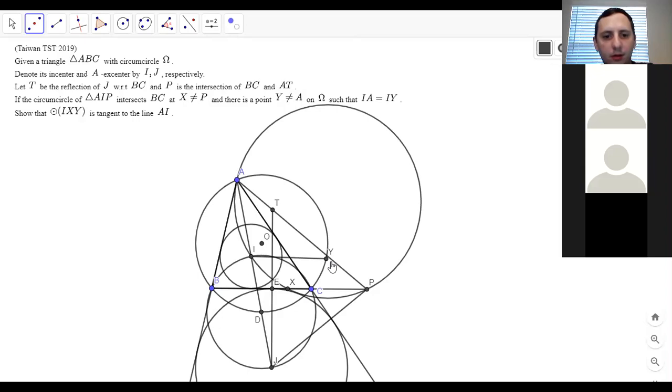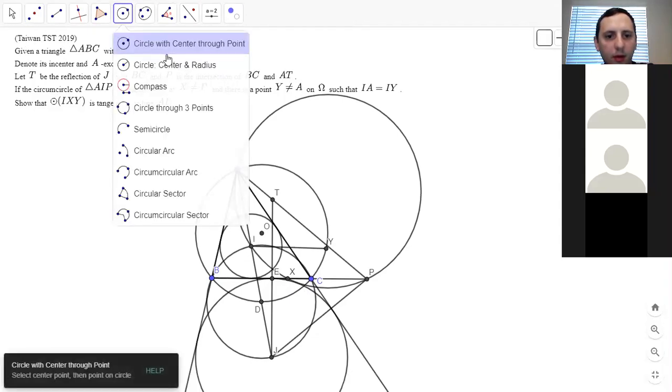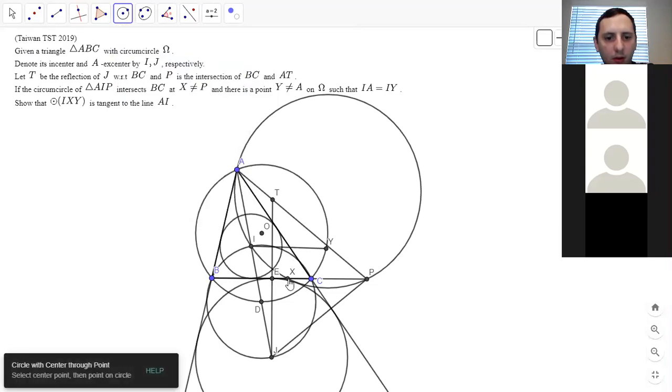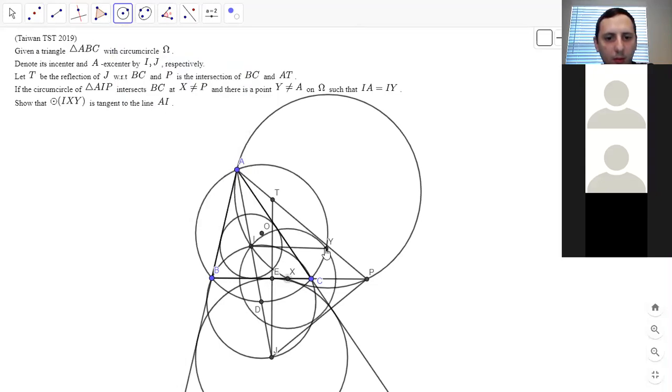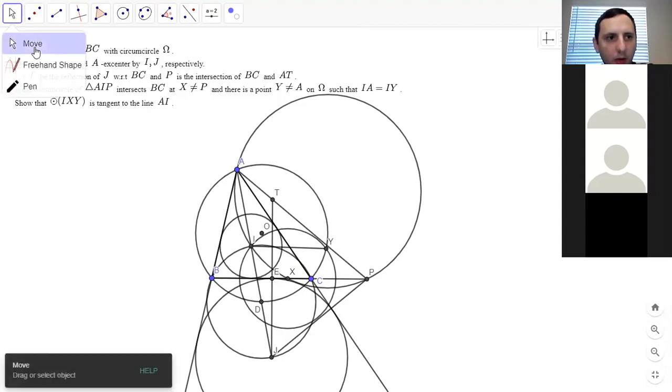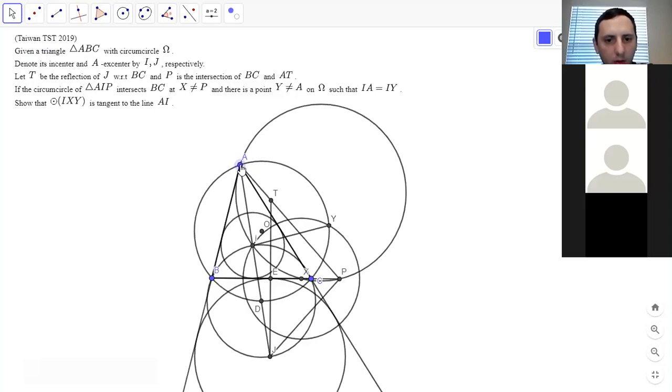Is IXY isosceles? I would be very surprised, but maybe it is. Maybe you're right. Okay, so our aim is to prove that AIY is similar to IXY.